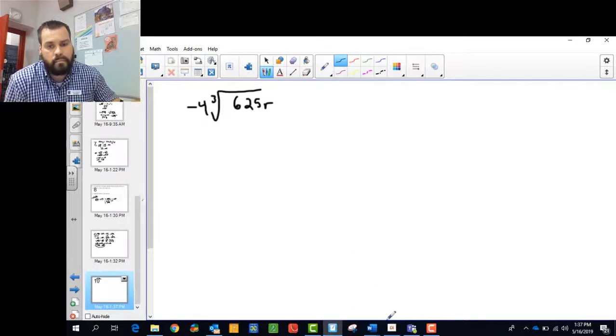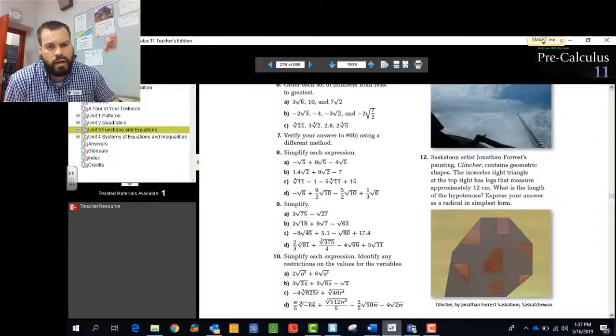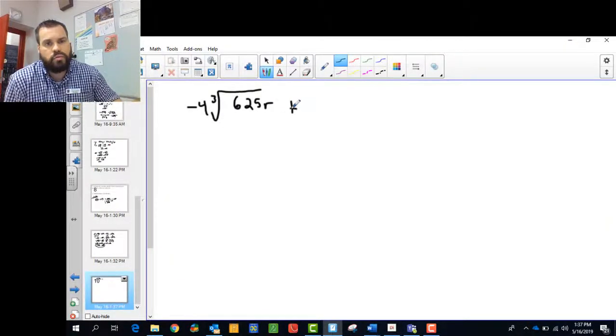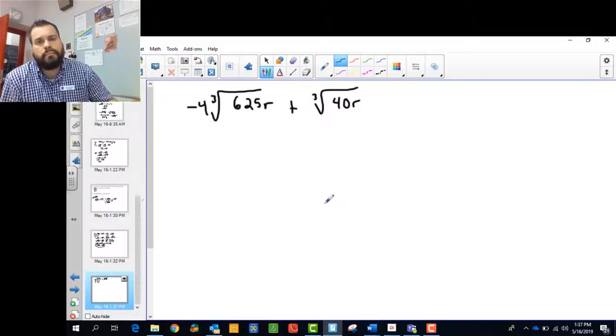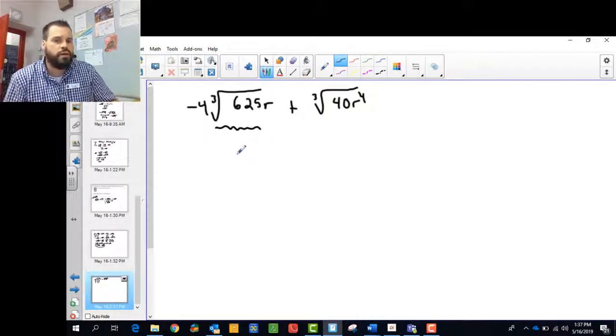and then we're adding it to the cube root of 40r to the 4th. Okay, so again, the first thing we're going to try to do is simplify this. So that needs a perfect cube, and 625 is 25 cubed.